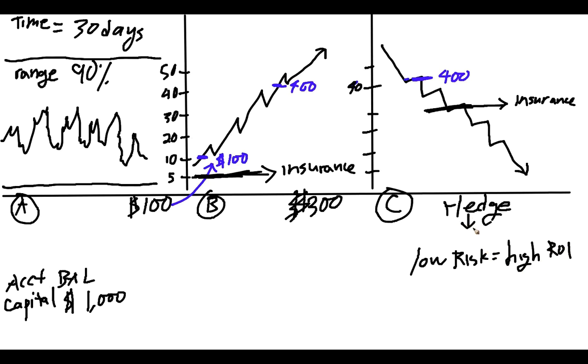That's what's happening in scenario C. It's essentially a focus on not losing too much. By not losing too much, that actually takes care of the gains, and even more gains, in both scenarios B and A.